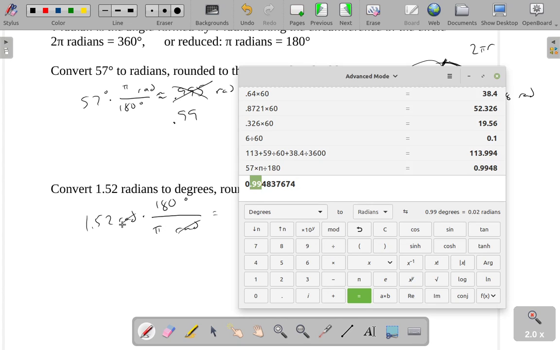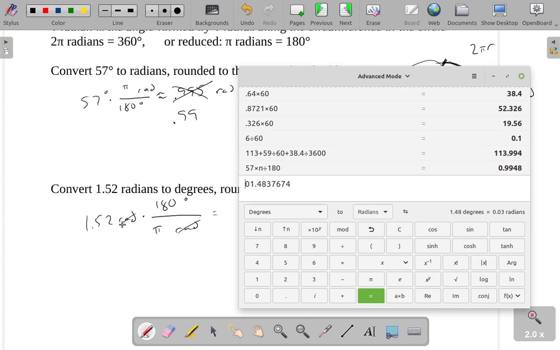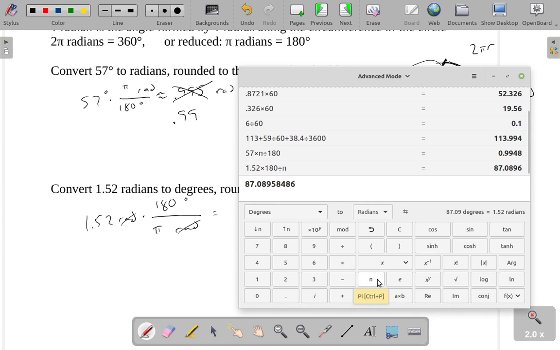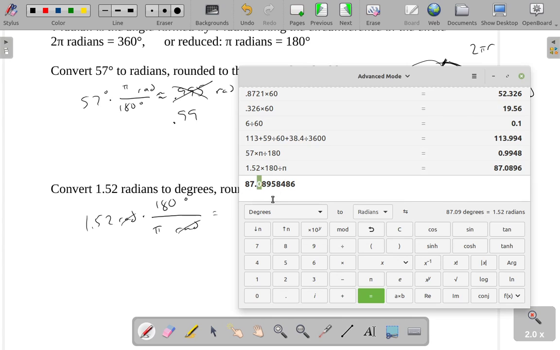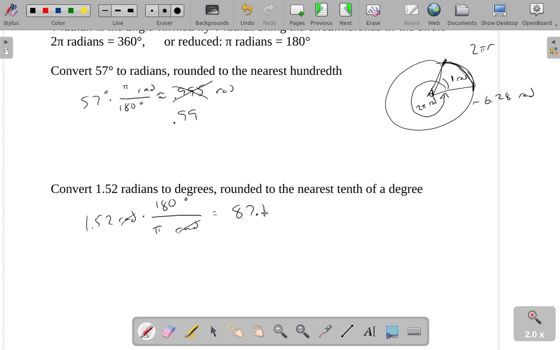So 1.52 will be multiplied by 180, and then I'll divide by pi to get 87.089, whatever. It says round to the nearest tenth of a degree, which will be right here, so 87.1 degrees. This was in radians.